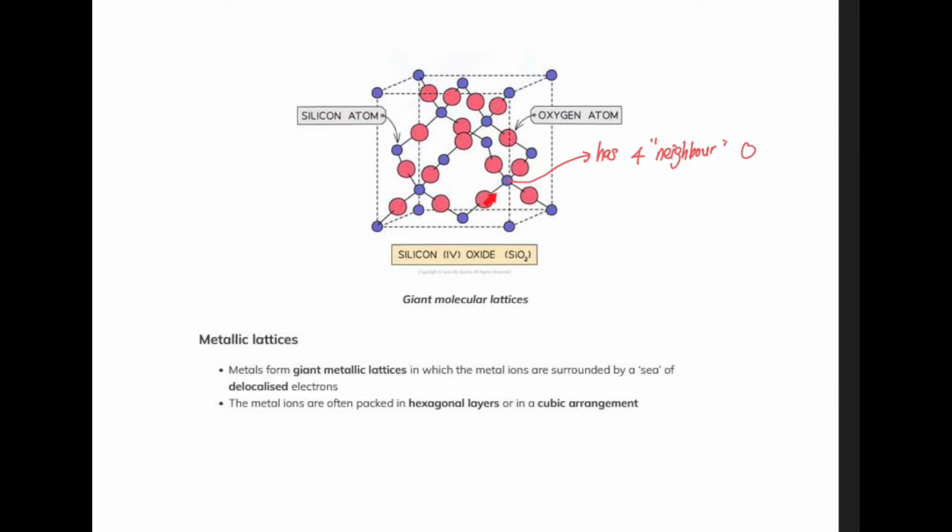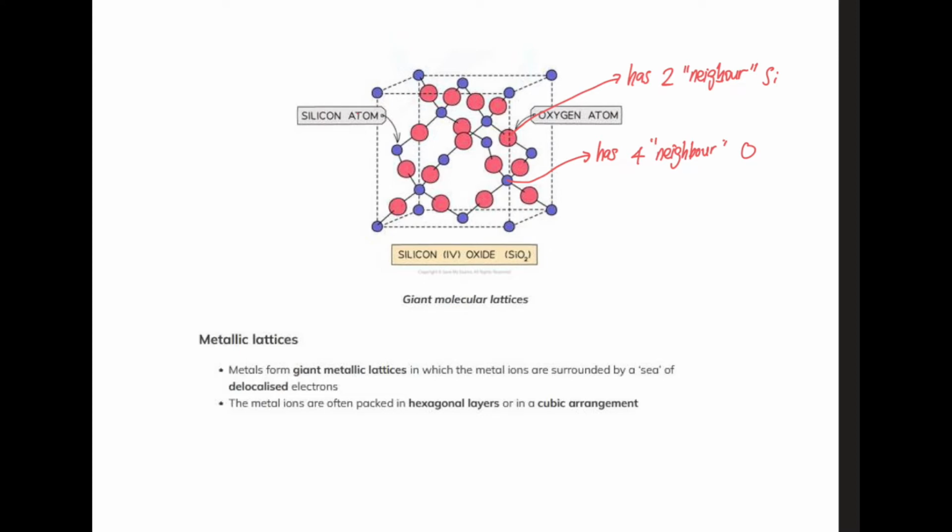1, 2, 3, 4. After that, let's look at oxygen. Let's say I look at this oxygen, it has 2 neighbor silicons. So you can see they are different: silicon takes 4 oxygens as neighbors, and oxygen takes 2 silicons as neighbors.